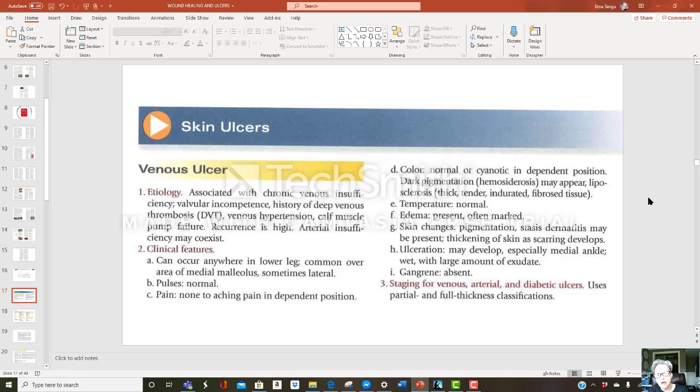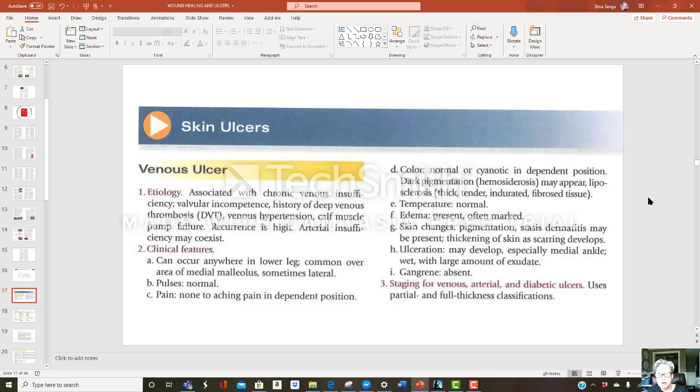Edema is present, often marked. Skin changes. Pigmentation, stasis dermatitis may be present. Thickening of skin as scarring develops. Ulceration may develop, especially medial ankle, wet with large amount of exudate. Gangrene is absent.